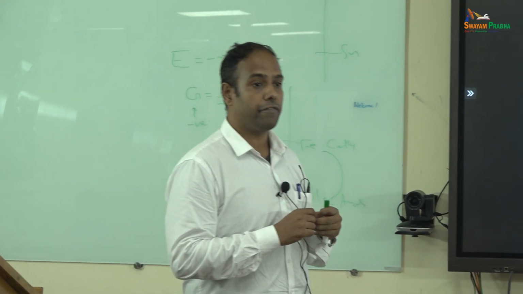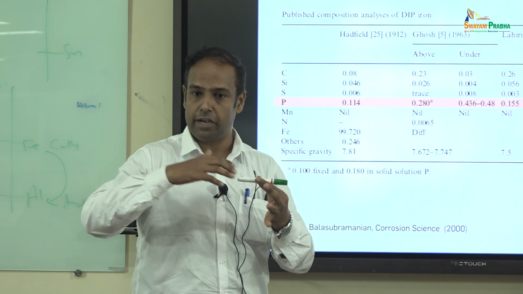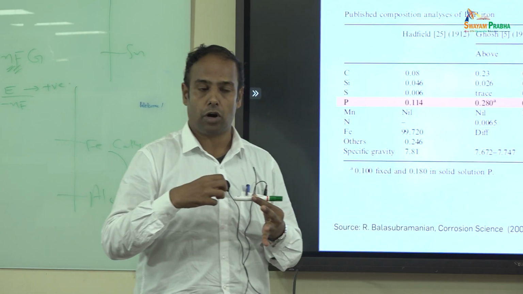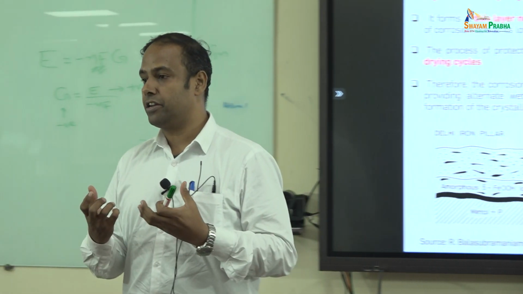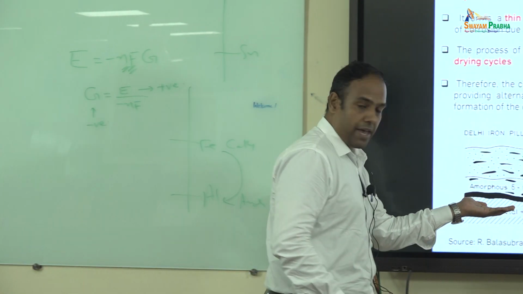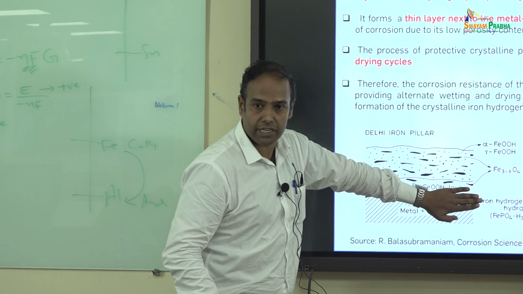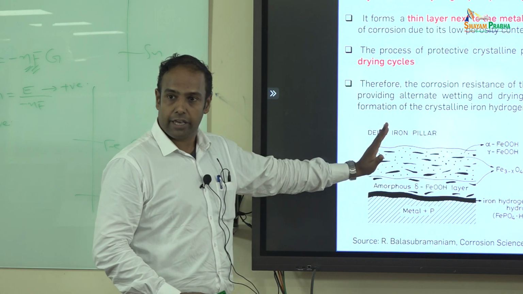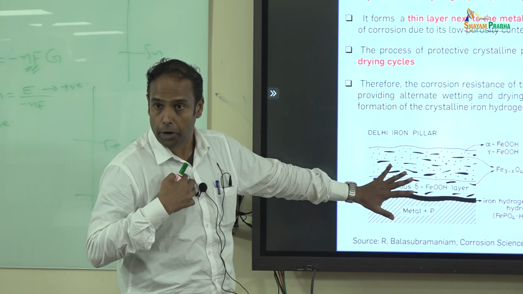Because of the presence of phosphorus, we all know that iron, from a thermodynamic aspect, by nature has to become iron oxide. But since phosphorus was added in a certain amount, you had an interlayer which is iron hydrogen phosphate, crystalline in nature, and that separates the base metal from the rust layer. If phosphorus had not been present, your mild steel or low carbon steel would have had iron and a rust layer. The corrosion product, iron oxide, is what I name as rust, which I don't want.